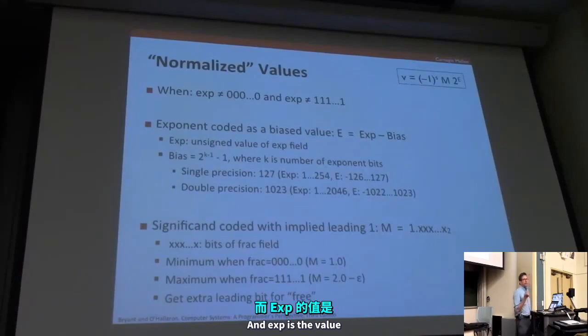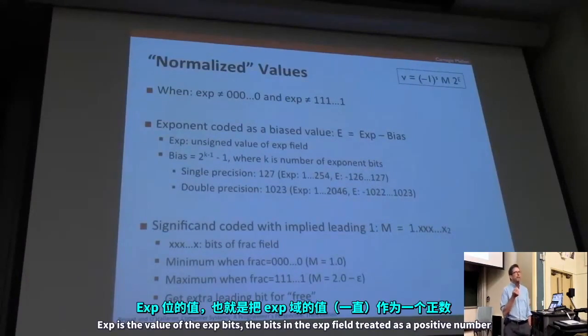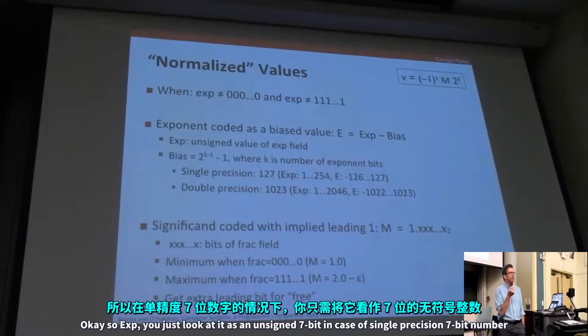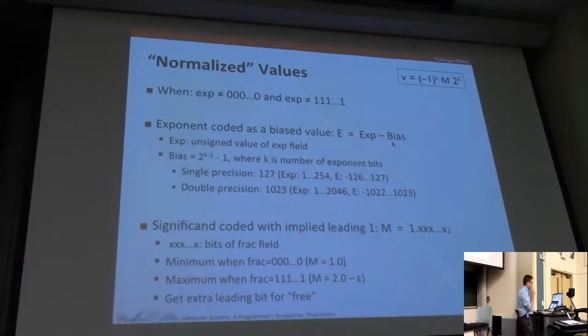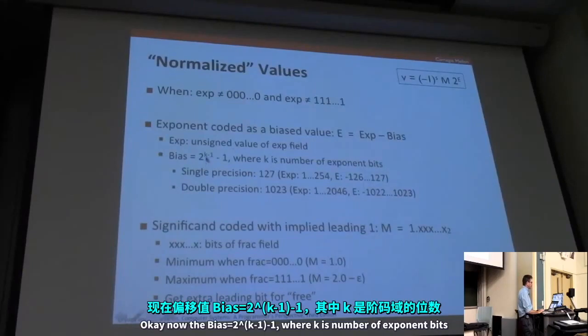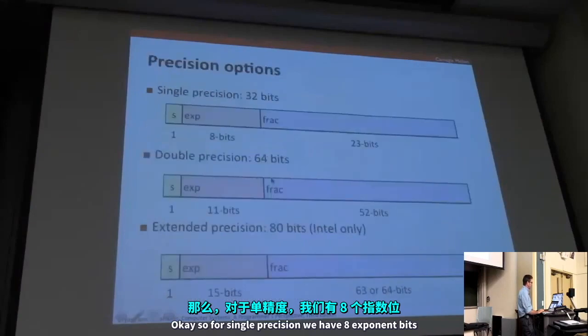And capital Exp is the value of the bits in the exp field, treated as an unsigned number. In the case of single precision, it's an 8-bit unsigned number. Now the bias is 2 to the power k minus 1, minus 1, where k is the number of exponent bits.